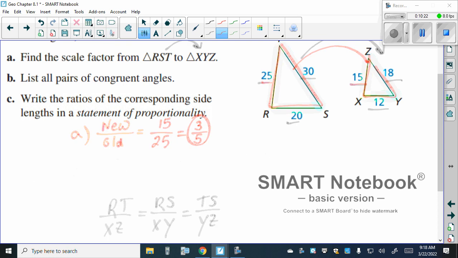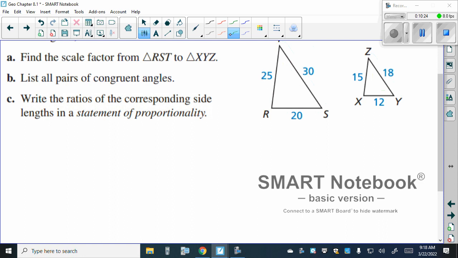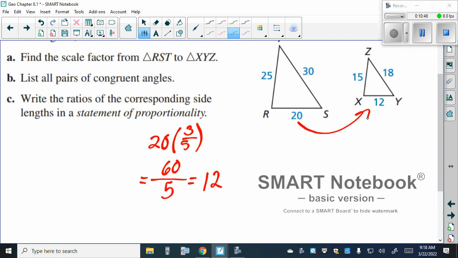And we can show you that here. So if we looked at, say, 20 times 3/5. If we multiply this out, it would be 20 times 3, which is 60. And then we would do 60 divided by 5, which would work out to be 12. 12, which is what we wanted.